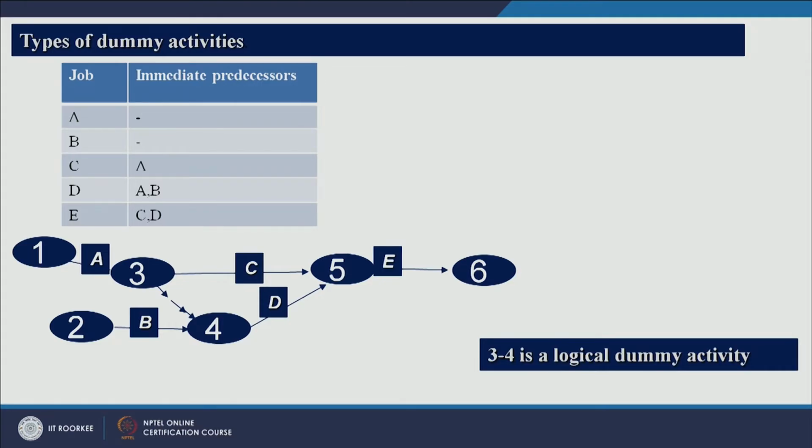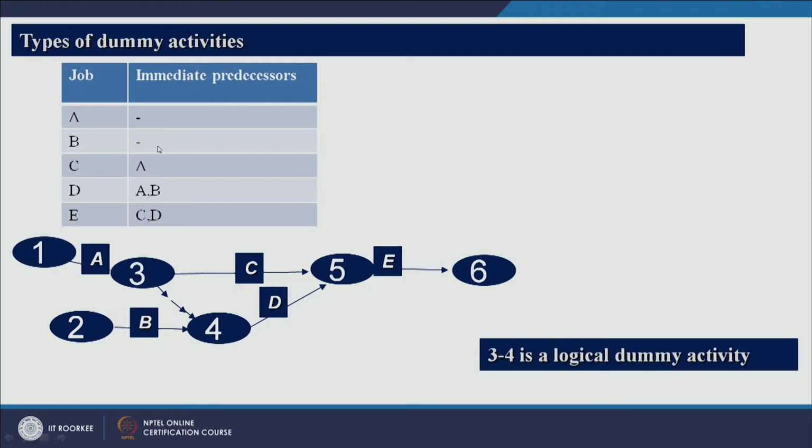Let's look at this network, a very simple network. Activity A or job A, immediate predecessor none. So activity A is the first activity in this project.